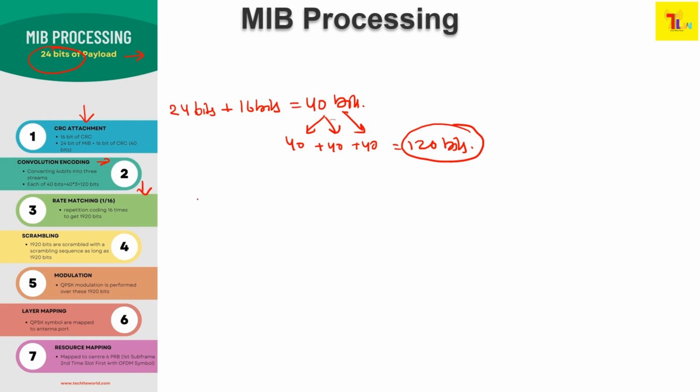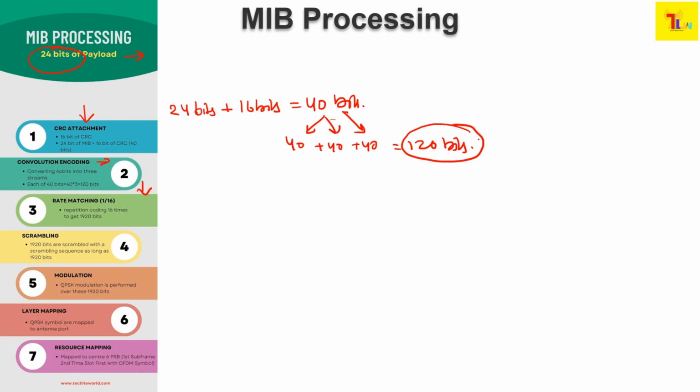Once the convolution encoding is done, the other process is rate matching, and we are matching it by 16 times. Rate matching is nothing but the repetition of the coding by the number of times which we are mentioning.